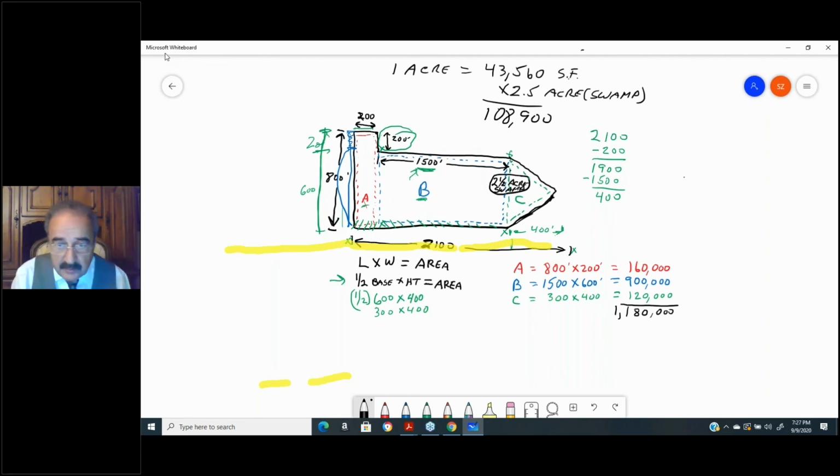So I come back to this minus my swamp of 108,900. What I have left of tillable land space is 1,071,100 square feet.